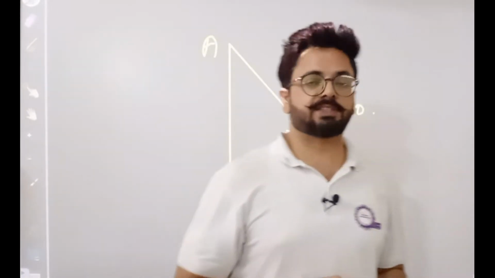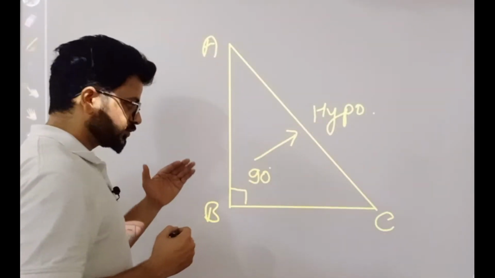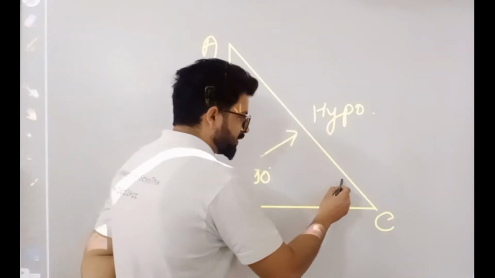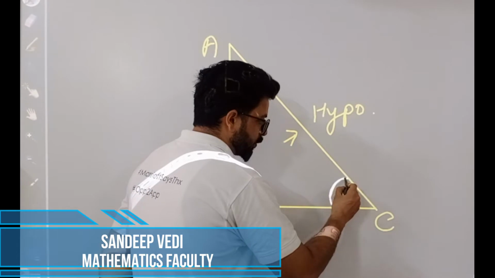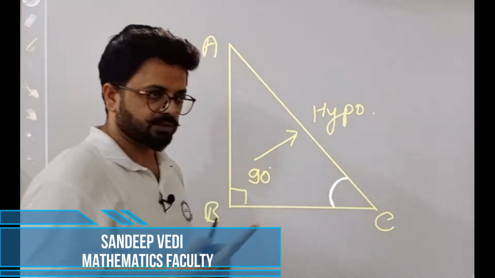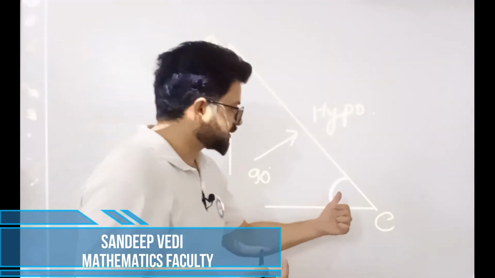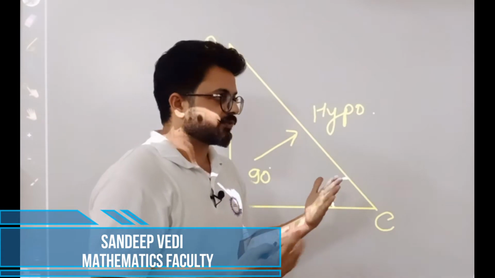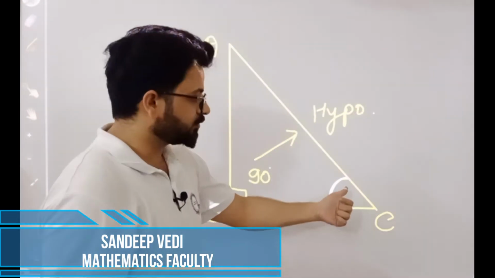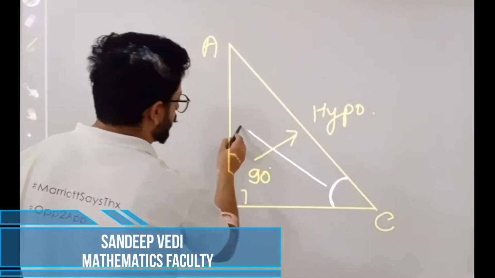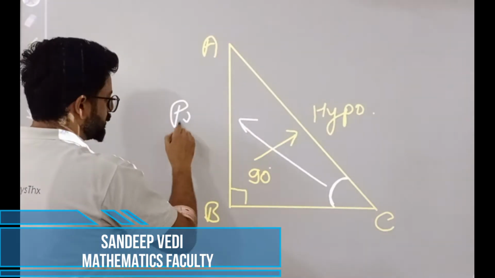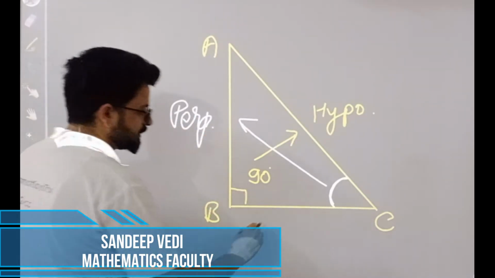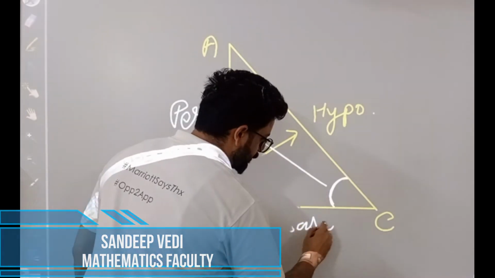So how will we decide that? In trigonometry, suppose we are talking about the angle C. Generally if we are solving for angle C, then opposite to the angle C will be perpendicular, and the third side will be base.